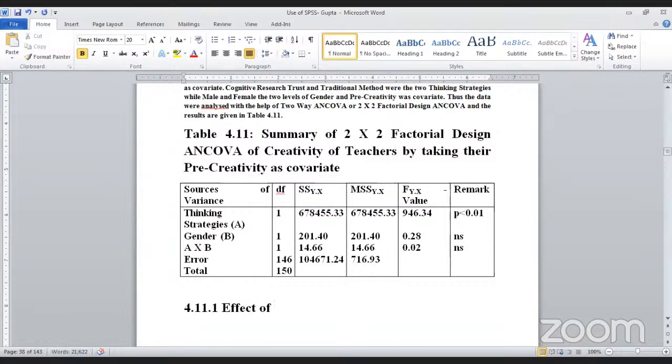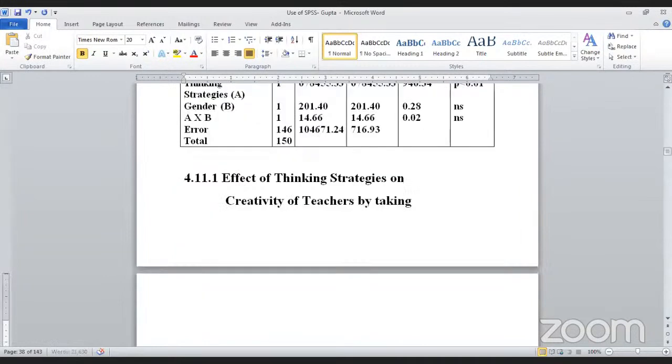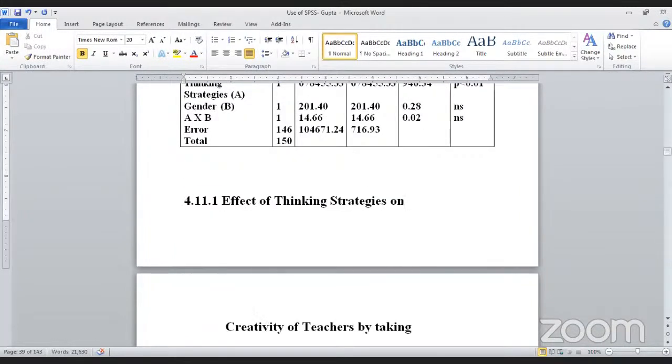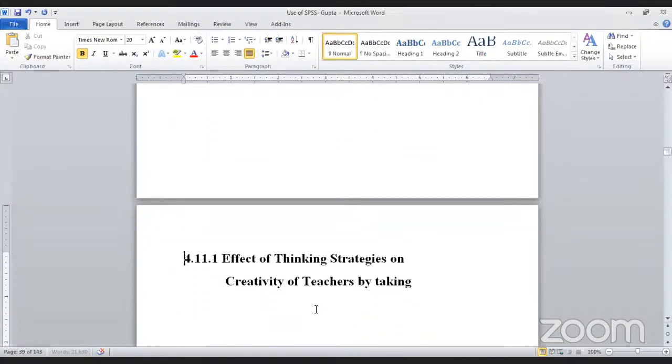Effect of thinking strategies on creativity of teachers by taking their pre-creativity as covariate.